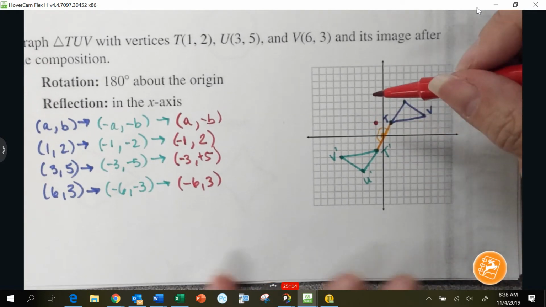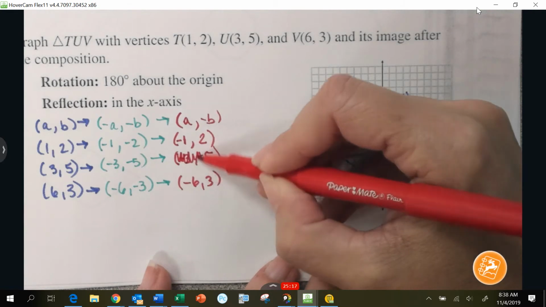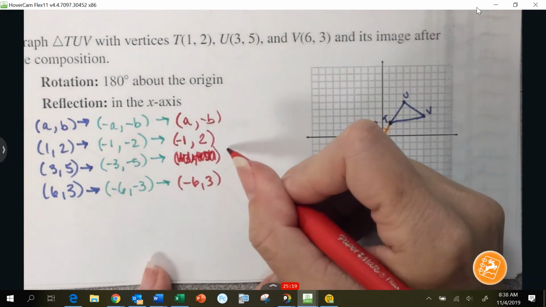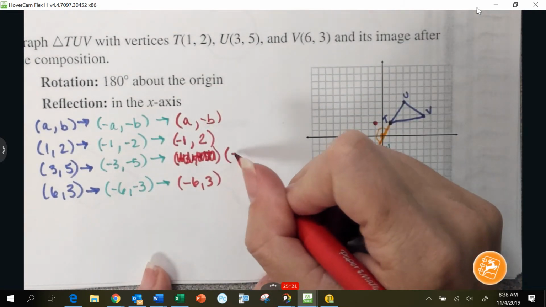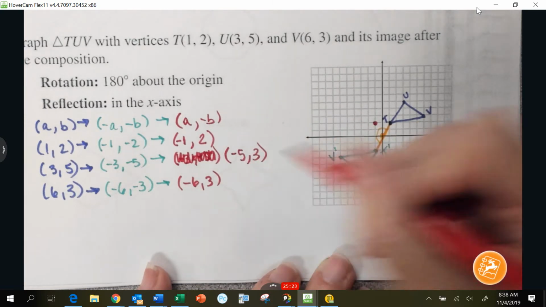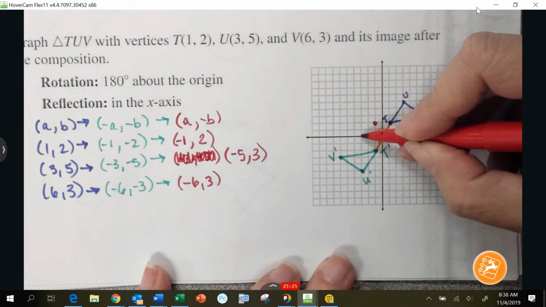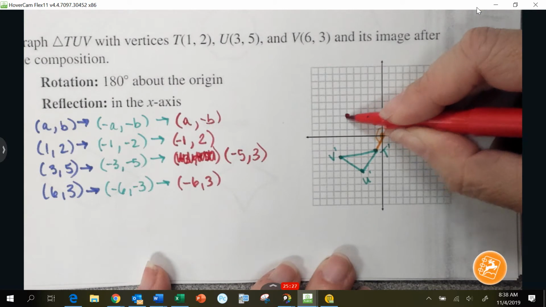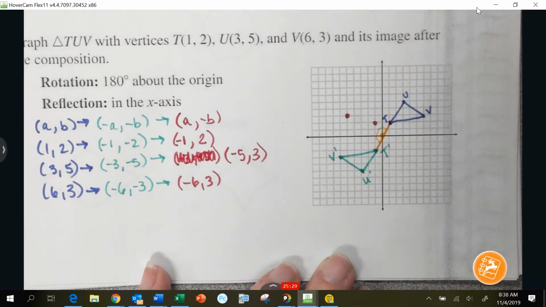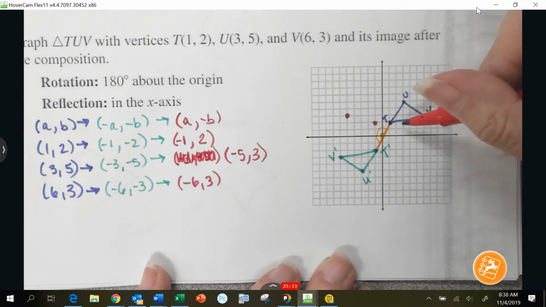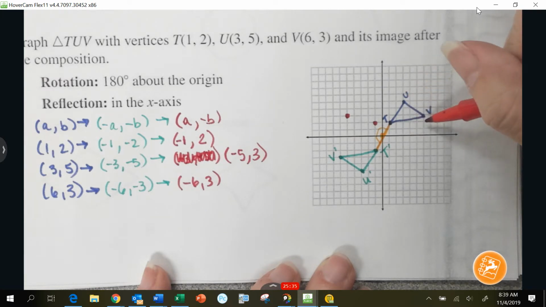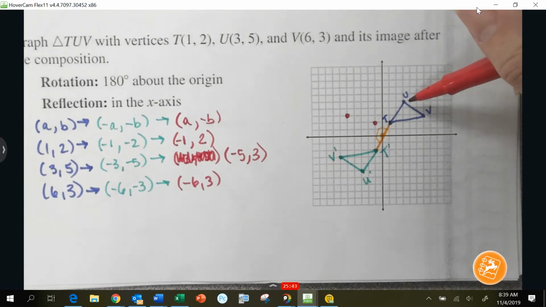See, I know I made a mistake. What am I doing wrong on this one?